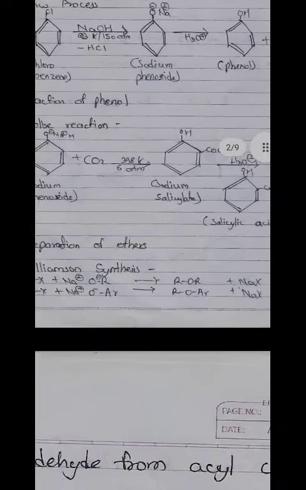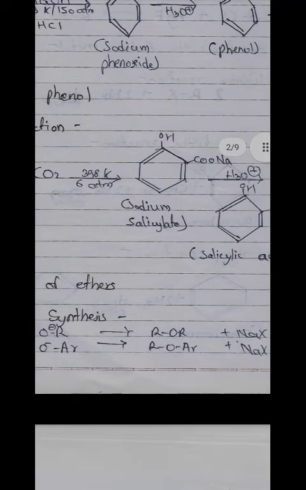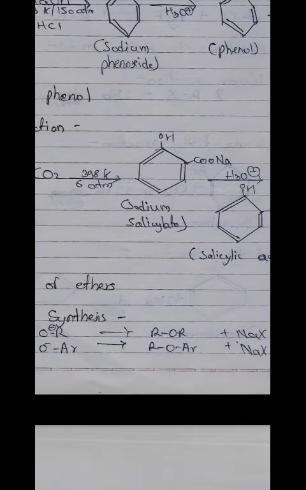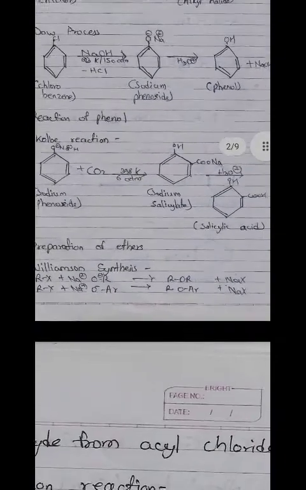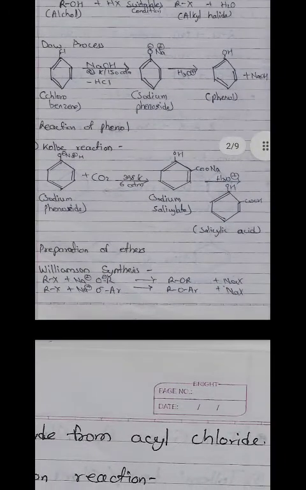As you can see the structure of sodium salicylate, it contains an OH group and a COONa group. And again when we add hydronium ion, H plus, to the sodium salicylate, we get salicylic acid. So the main point to remember here is salicylic acid.